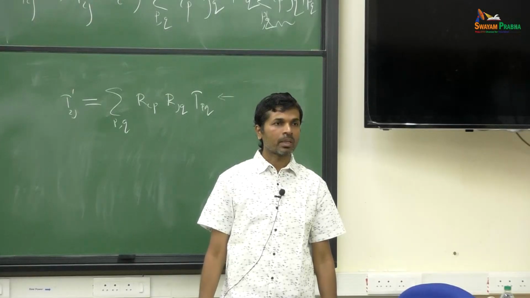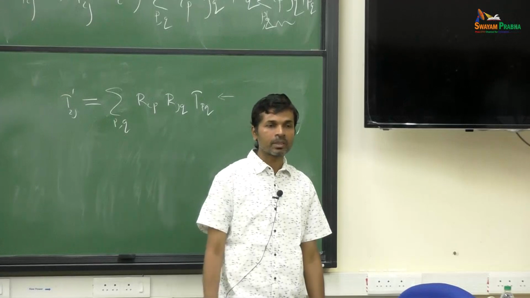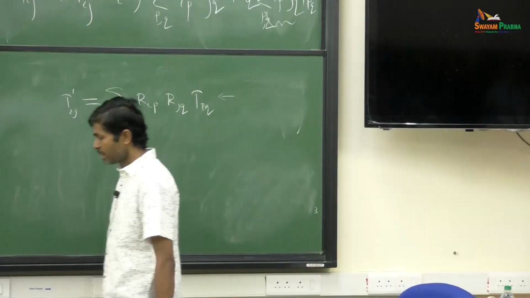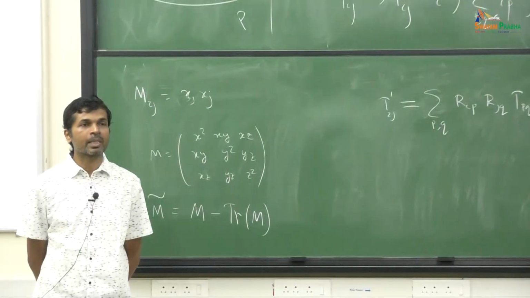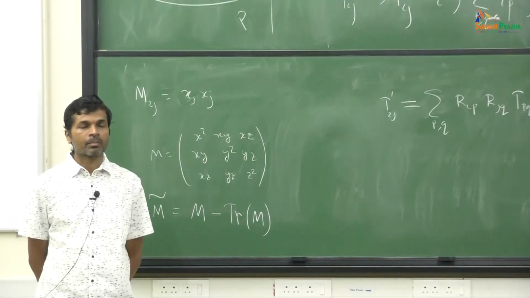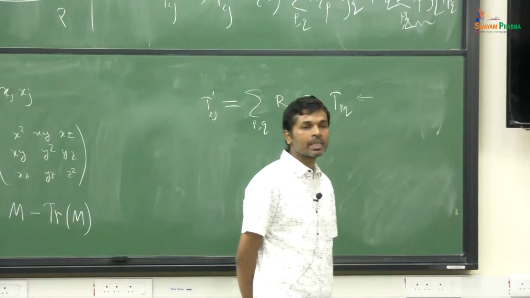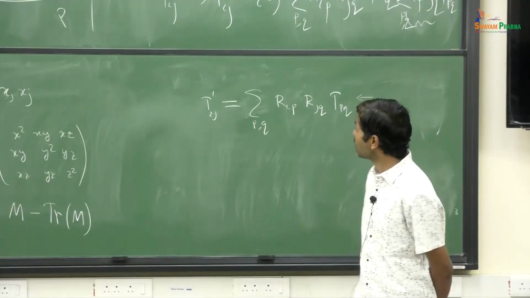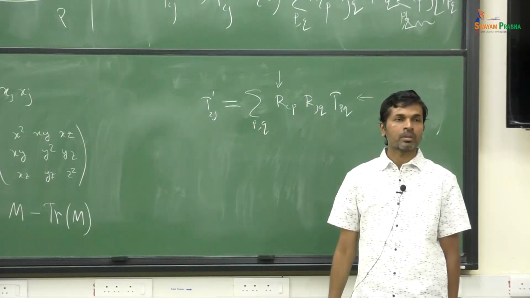And this is much more general than orthogonal transformation. It is the same principle that led Einstein to formulate his special relativity. It is the same principle that led Einstein to formulate his general relativity as well. What is different is this transformation.